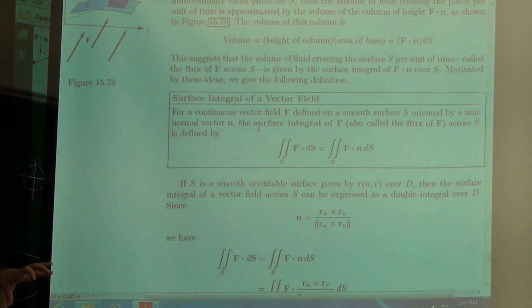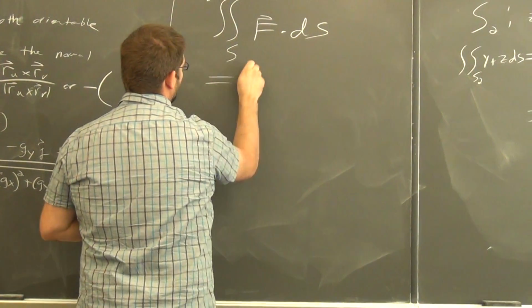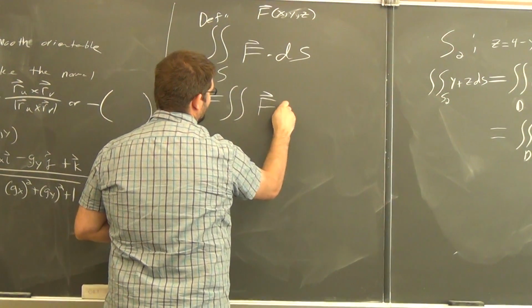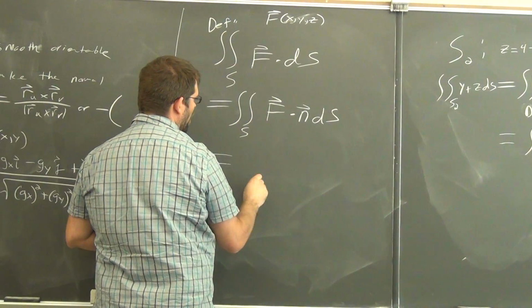Just like we had line integrals over vector fields, this is the equivalent: you want to have surface integrals over three-dimensional vector fields. The surface integral over S of F dot dS is just defined to be the integral of F dot n dS. Okay, so that's the definition, but then we know what n is.